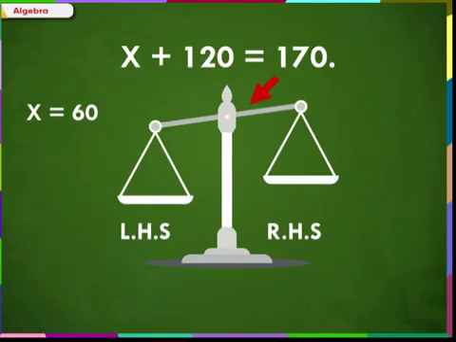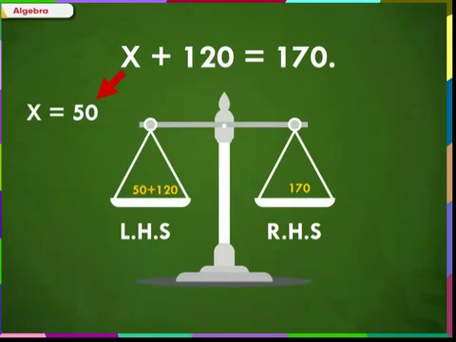If we put 60 in place of x, we see that the left side of the equation becomes greater and thus it does not balance the equation. If we put x equal to 50, we see that now the equation is balanced.